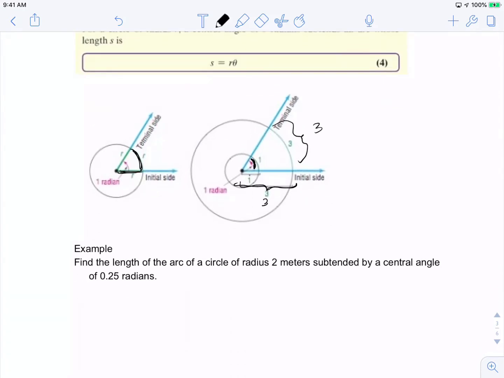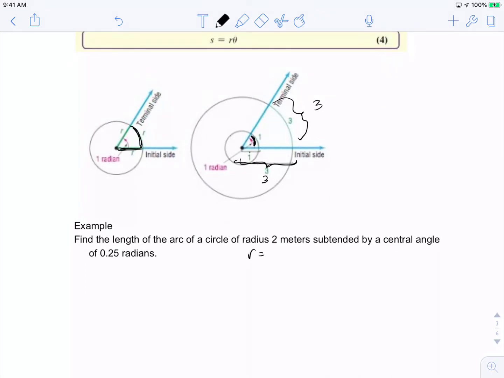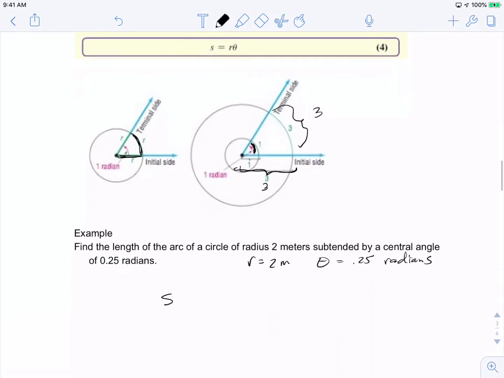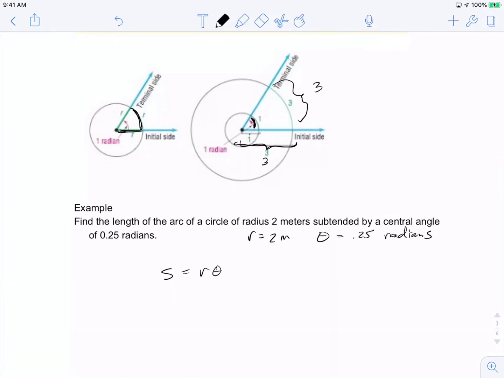So using this formula, I'm going to solve this example here. We know that the radius here is 2 meters. And we know that the angle, our theta, is going to be 0.25 radians. Now, the formula tells us that the arc length is equal to the radius times our angle. So s is going to be equal to 2 meters times 0.25.